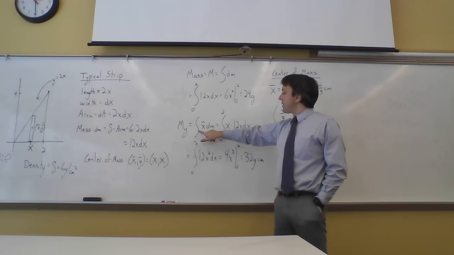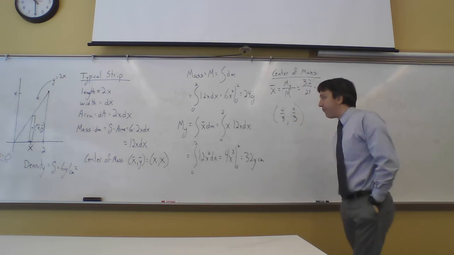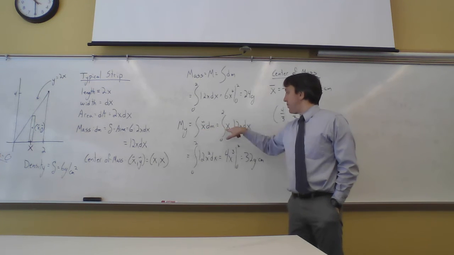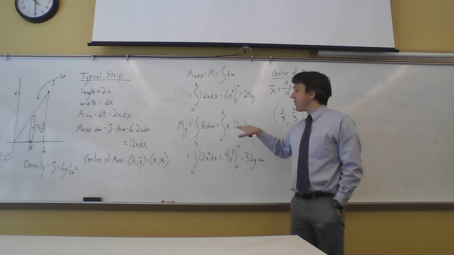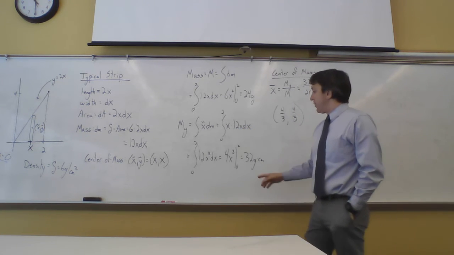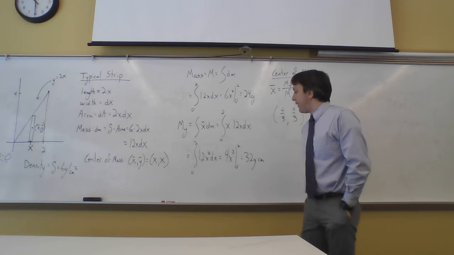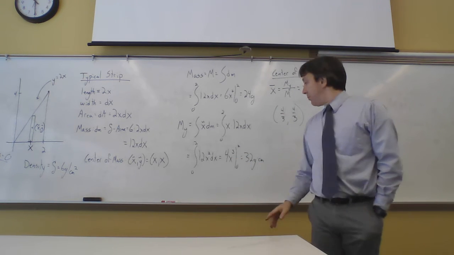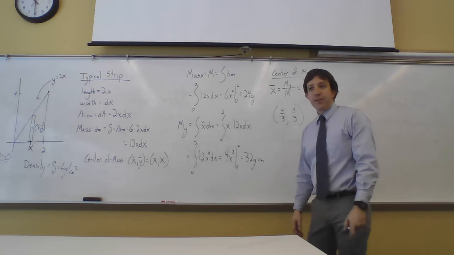Moment about the y-axis is the integral of the x tilde dm. Well, your typical center of mass for these strips for x is x, and then times our dm, 12x dx. So that gives us the integral from 0 to 2 of 12x squared dx. We integrate, get 4x cubed. And when we evaluate it, we get 32 grams times centimeters.